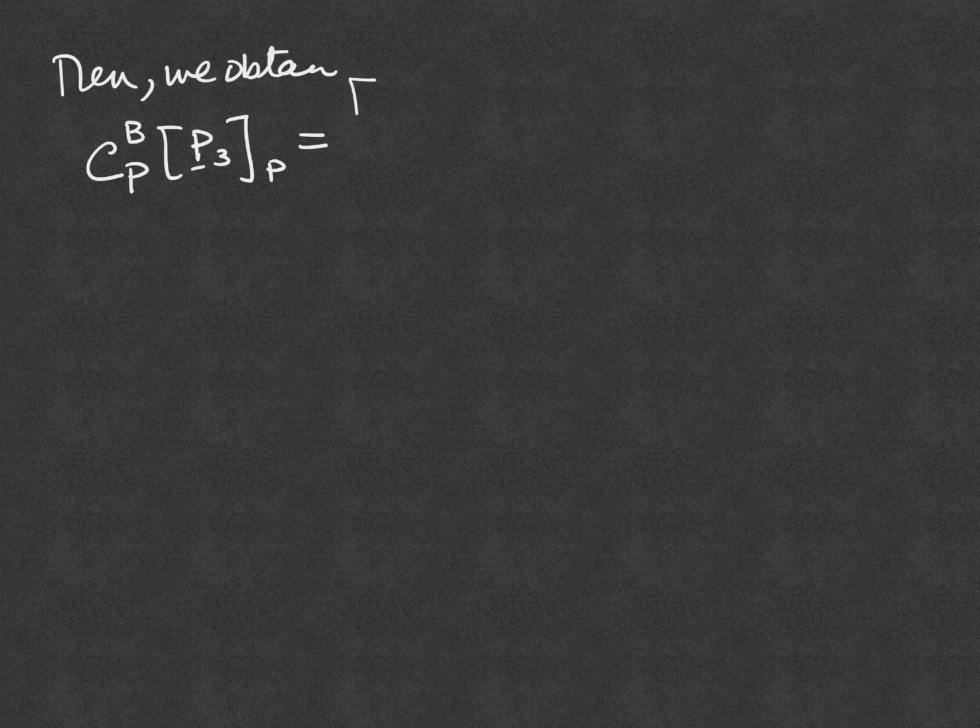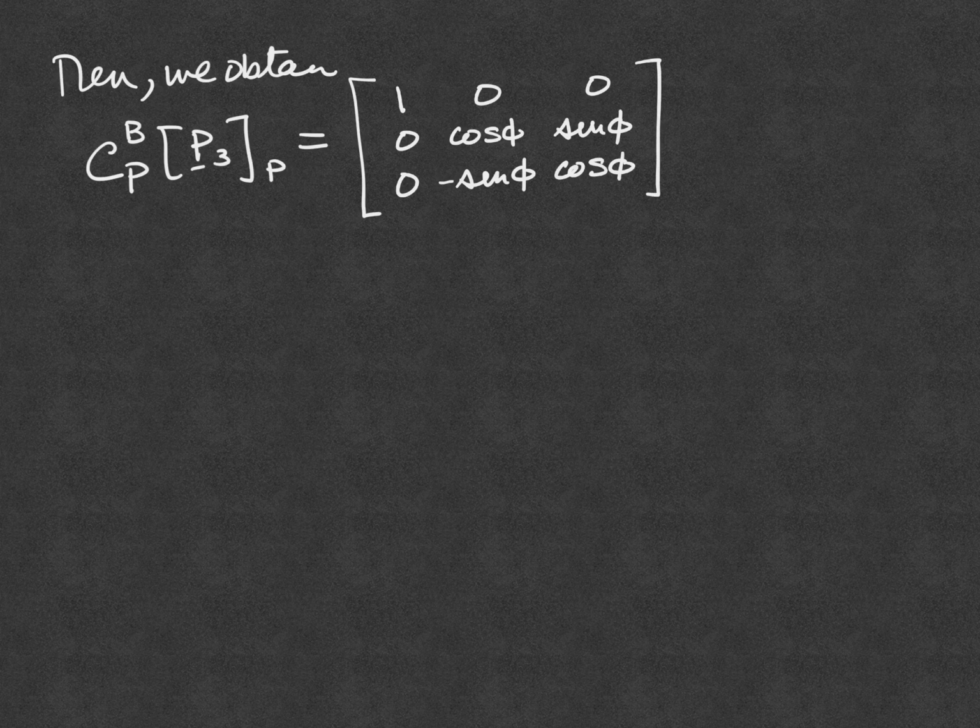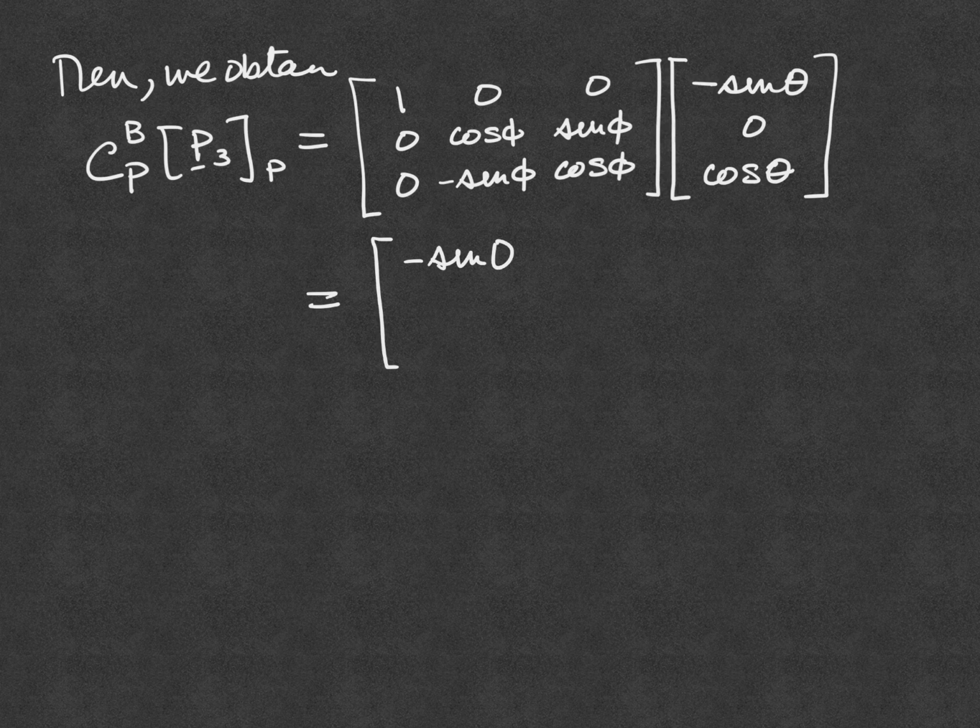So then we obtain C P to B times P3 expressed in P is equal to 1, 0, 0, 0, cosine of phi, minus the sine of phi, 0, sine of phi, cosine of phi, times minus the sine of theta, 0, cosine of theta, which is equal to, so we get minus the sine of theta, and then sine phi cosine theta, and then cosine of phi cosine of theta.